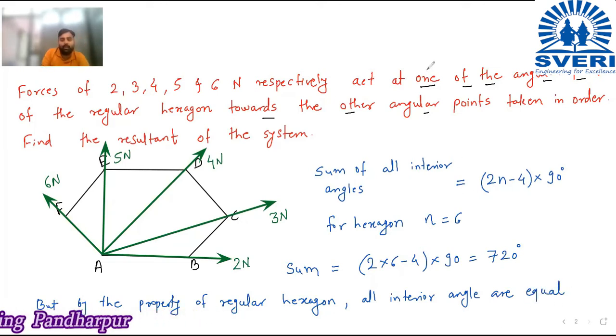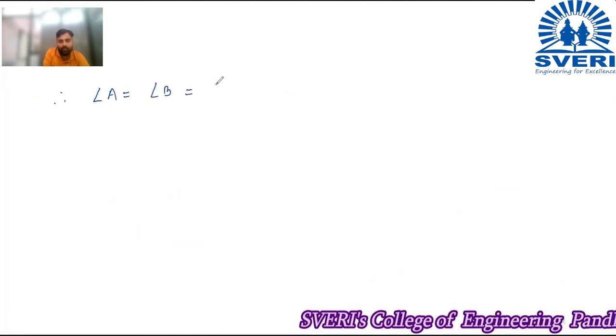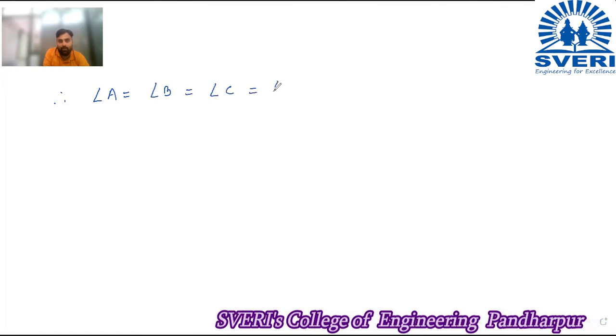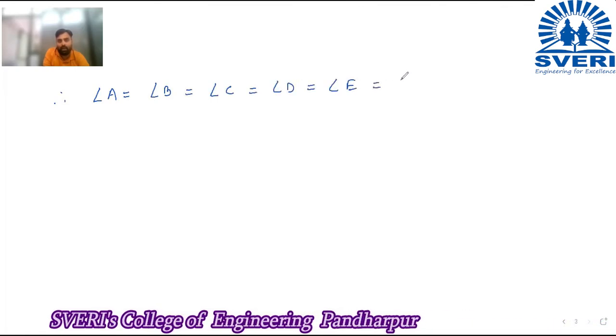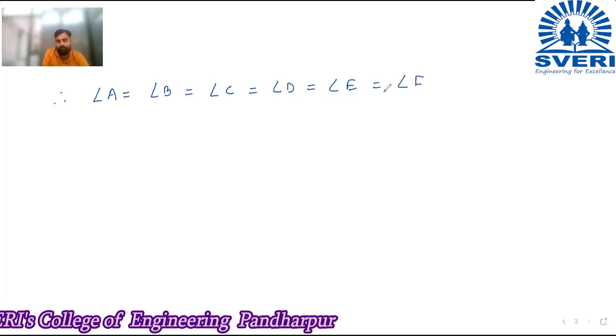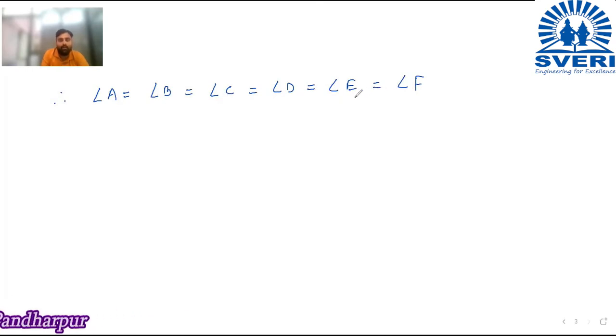All interior angles are equal. So therefore angle A must be equal to angle B, equal to angle C, equal to angle D, equal to angle E, equal to angle F. Okay, so all angles are equal.